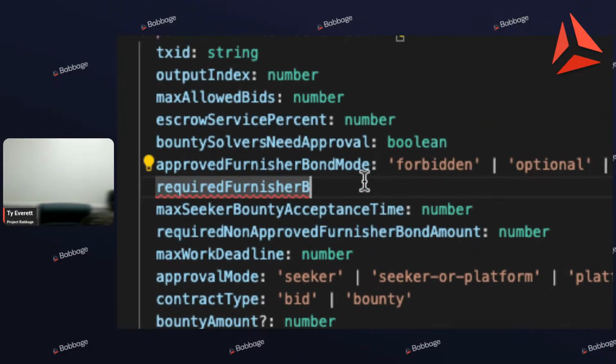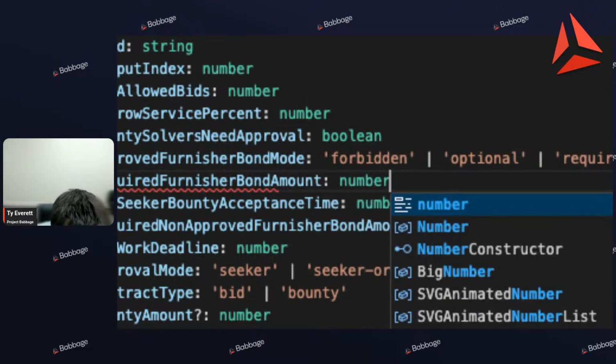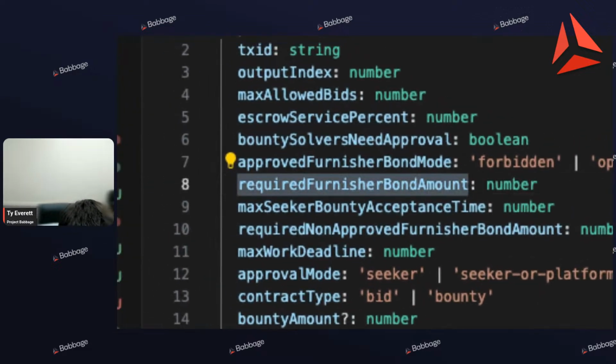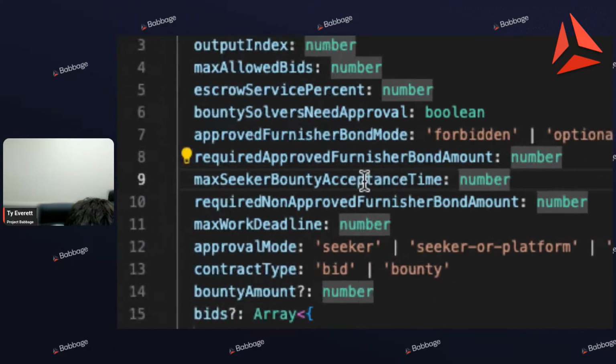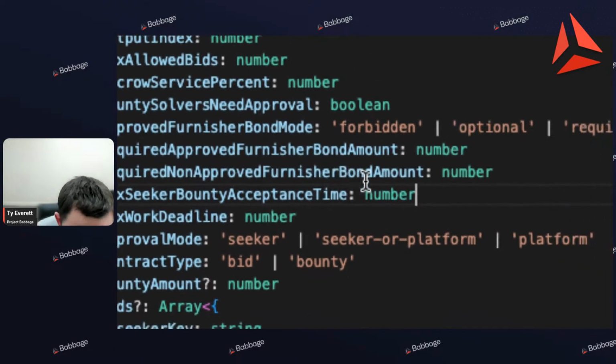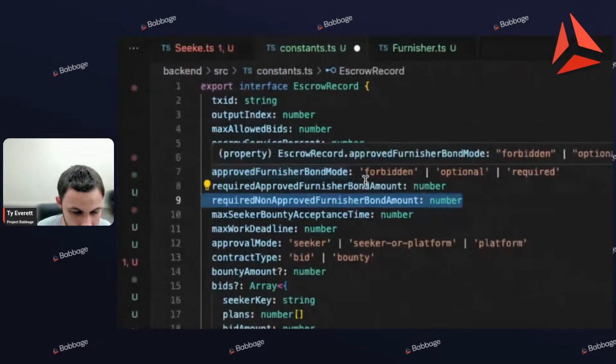This is the required non-approved furnisher bond amount. And this would be the one for approved bonds.